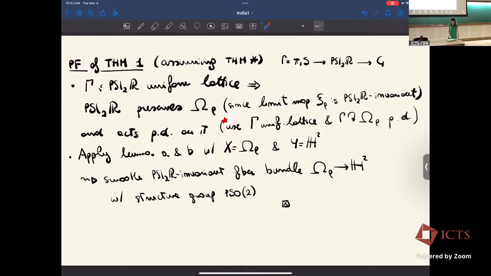And so once you have that, we have this manifold that is invariant under PSL2R, and where PSL2R acts properly discontinuously. So we can apply theorems A and B, and we get a fibration into the symmetric space H2.